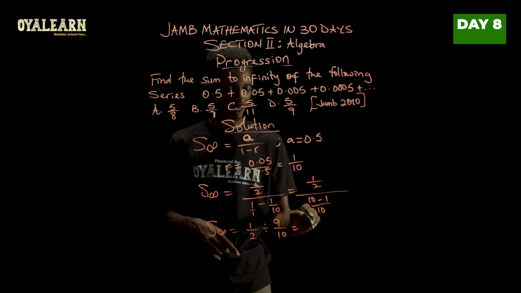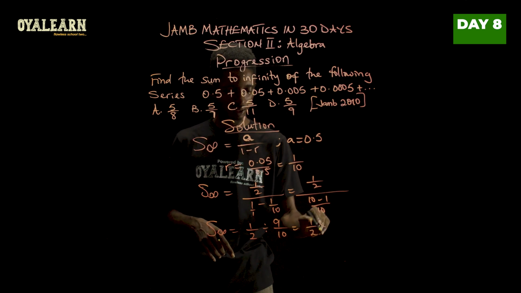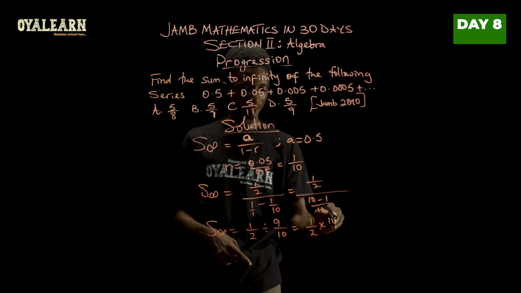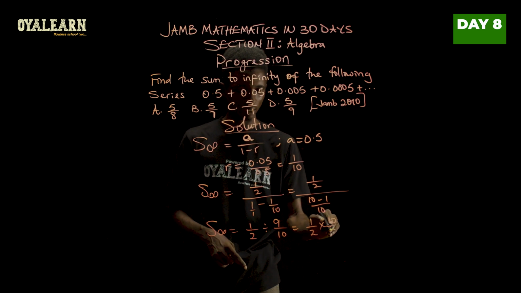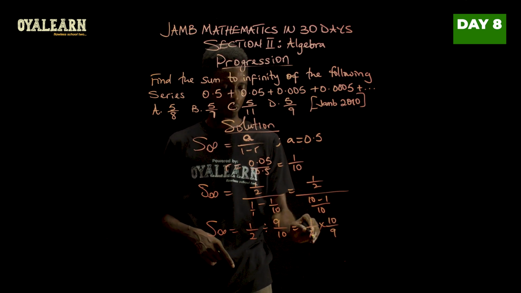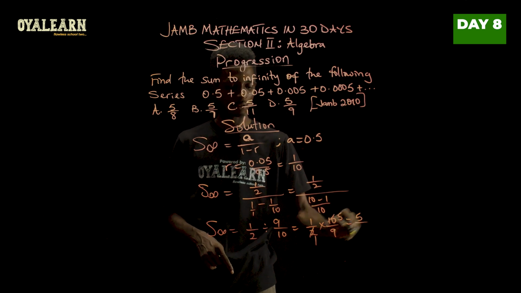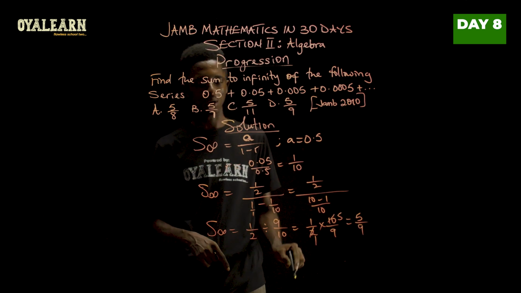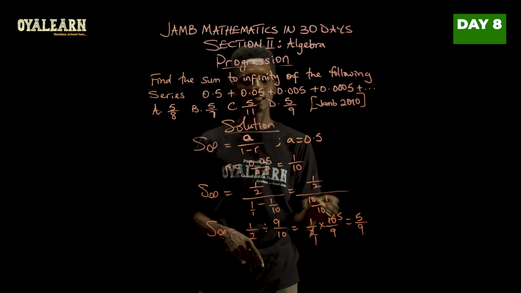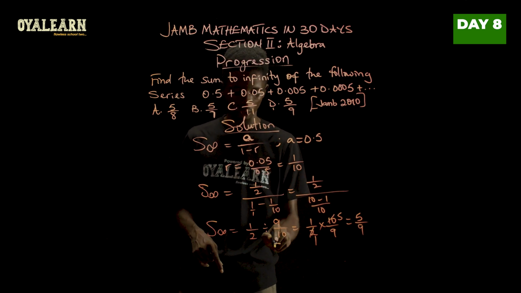So we can rewrite this as 1 over 2 times, when we flip this, 10 over 9. So 2 here 1, 2 here 5. 1 times 5 is 5. 1 times 9 is 9. So our answer is 5 over 9. That's in option D.